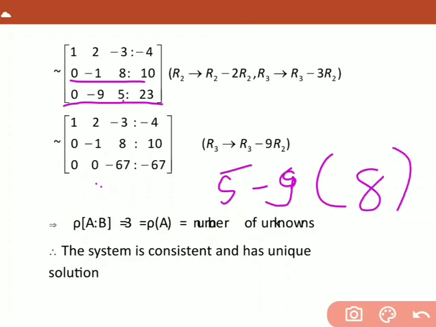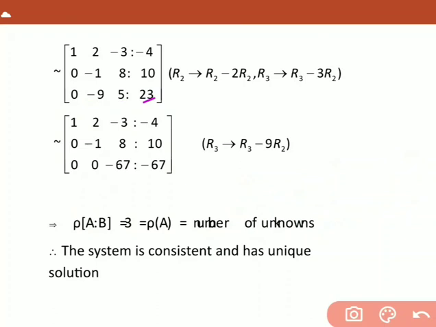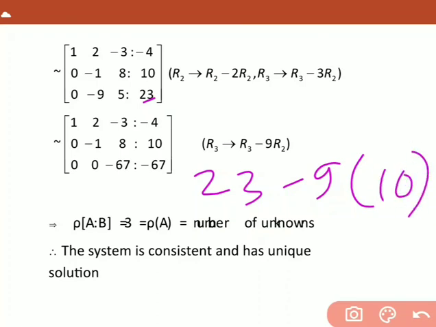So 5 minus 72 gives minus 67. Similarly, the last element: R3 is 23 minus 9 times 10, that is minus 90 plus 23 gives minus 67.